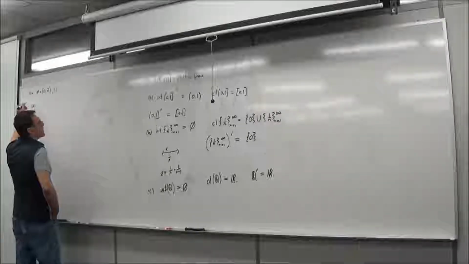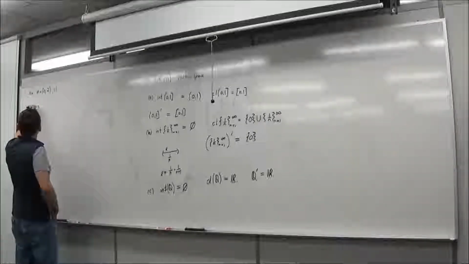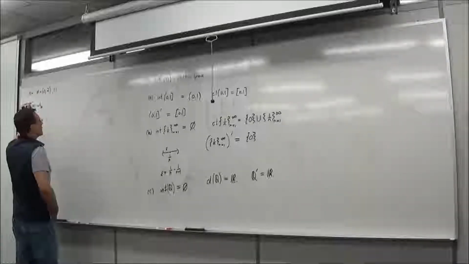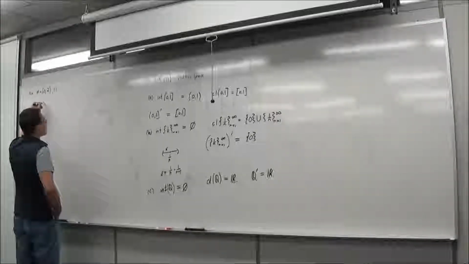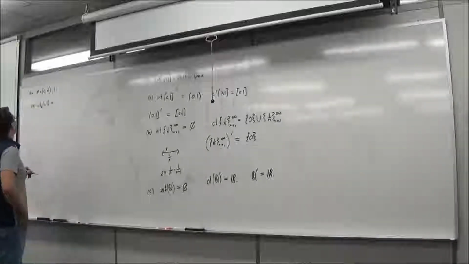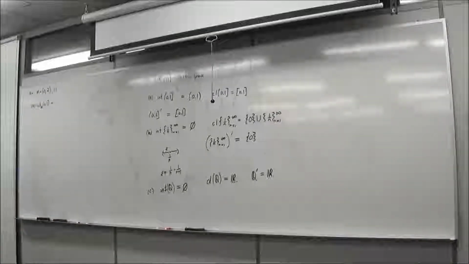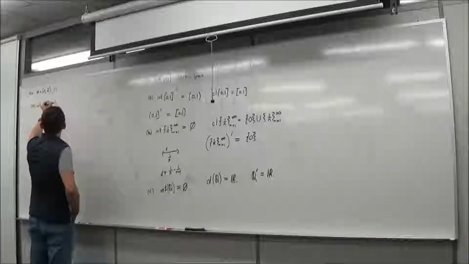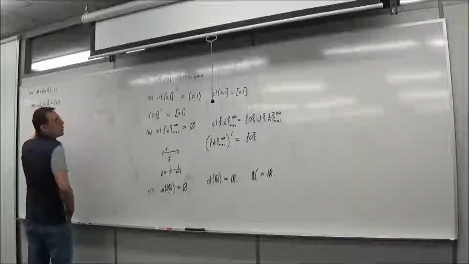So in this case, what is the interior relative to M of the interval 0, 1? Of course, you might emphasize it's relative to M. What's the interior? The same. The interior is the same as before. What about the closure?